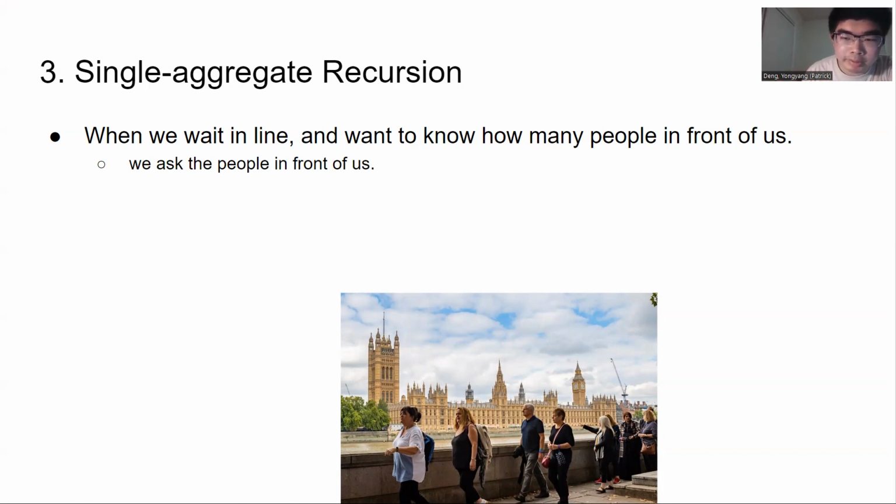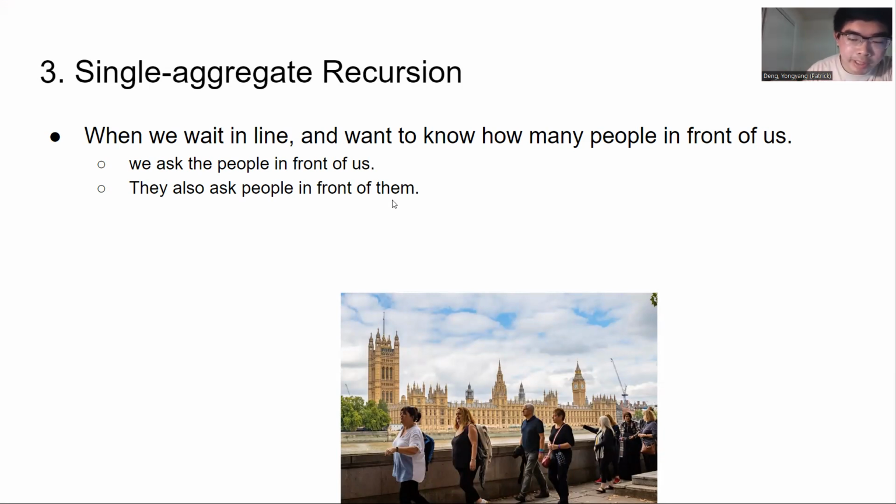And the person we asked also does not know, so he or she will ask the person ahead of him or her again. So they also ask the people in front of them, and people who have people in front of them will try asking the people ahead to figure out how many people are in front of the person in front of them.